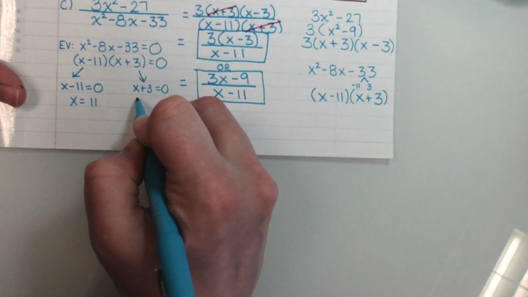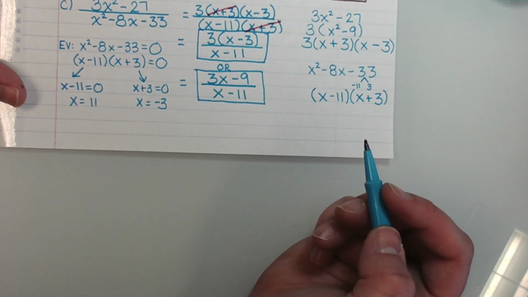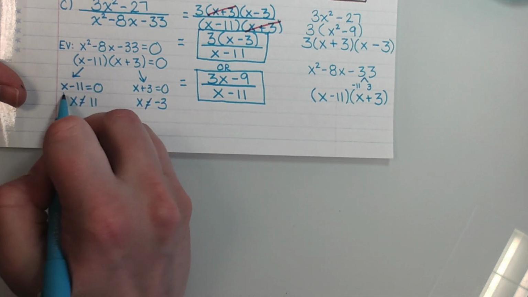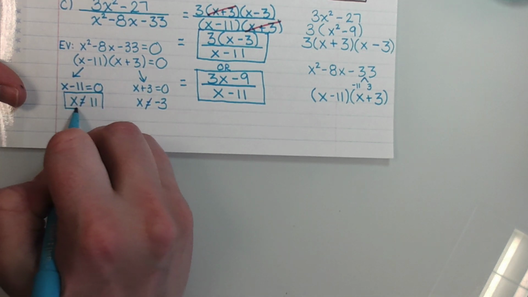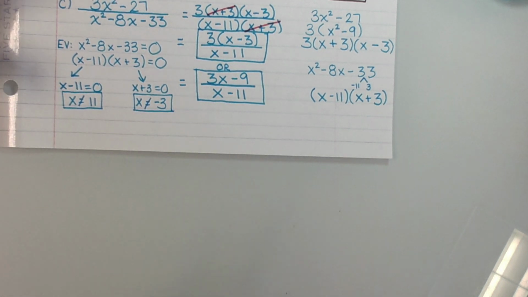X is 11. X is negative 3. But those are what x is not allowed to be equal to. If I were to graph the expression, those would be vertical asymptotes.